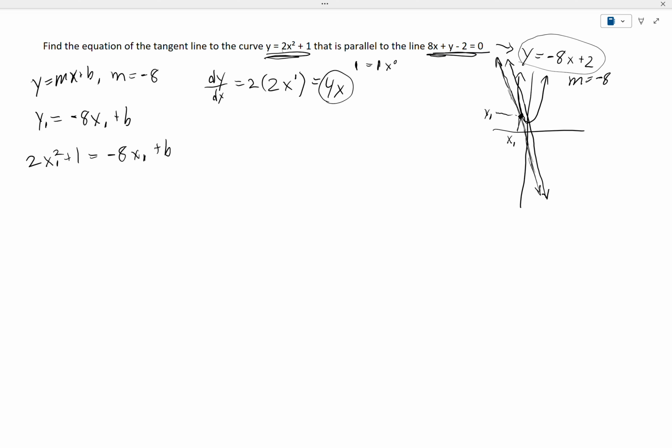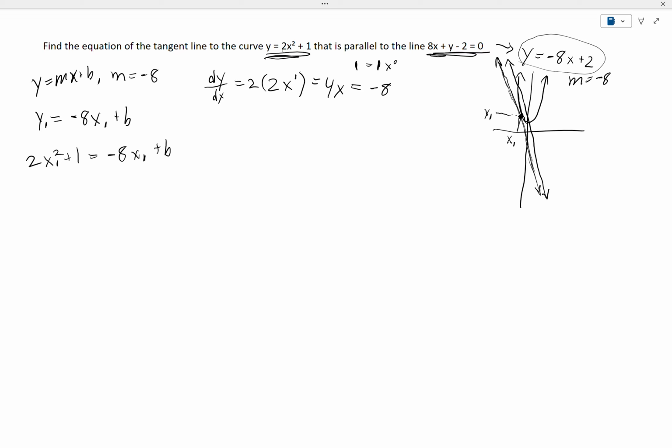So this is the rate of change of the parabola as a function of x. That's all that the derivative is. And I know that at this specific point, right over here, x1 comma y1, the rate of change is equal to -8. That's what this means up here.